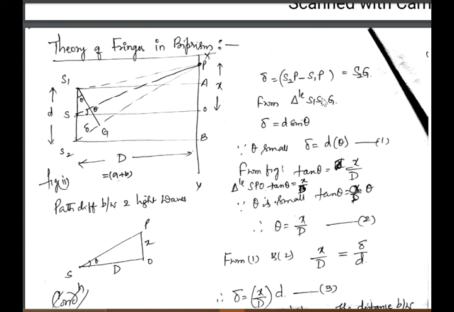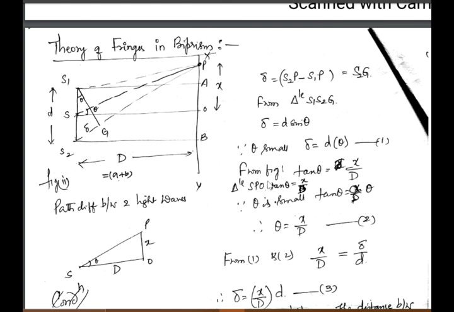From triangle S1 S2 G, you should look at the diagram. S1, S2, G. From the right angle triangle, we can write delta as d sine theta. Since theta is small, delta we can write as d into theta.